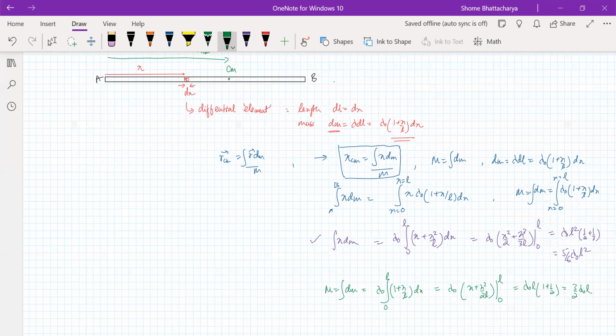Okay, so now combine these two. How much is that coming out to be?